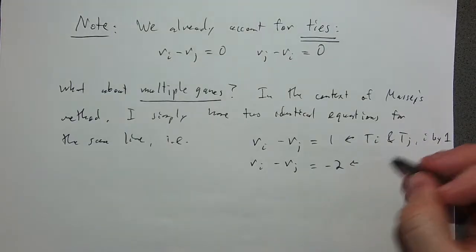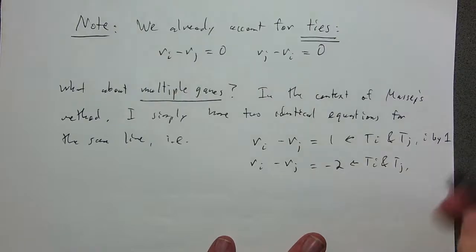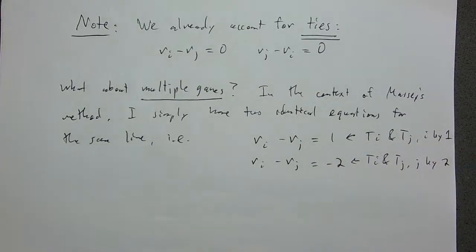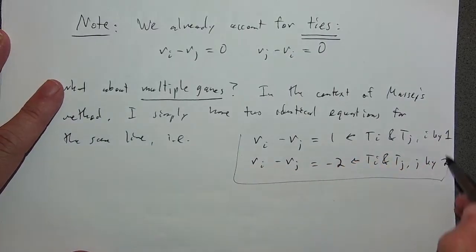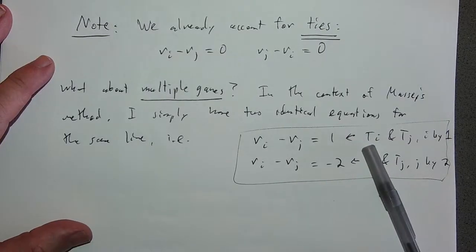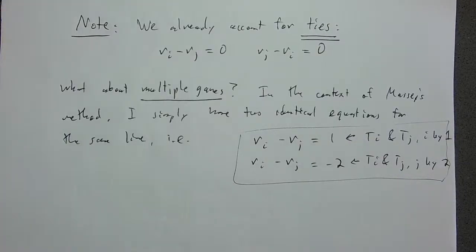And this one is team i and team j play, and j wins by 2, or leaving it as i wins by minus 2. They played each other twice, two separate times. The first time, team i won by 1 point, and the second time, team j won by 2 points. So this is how this would go into your equation.